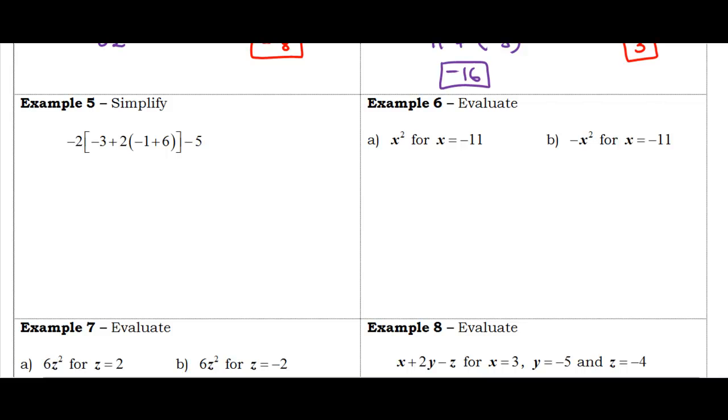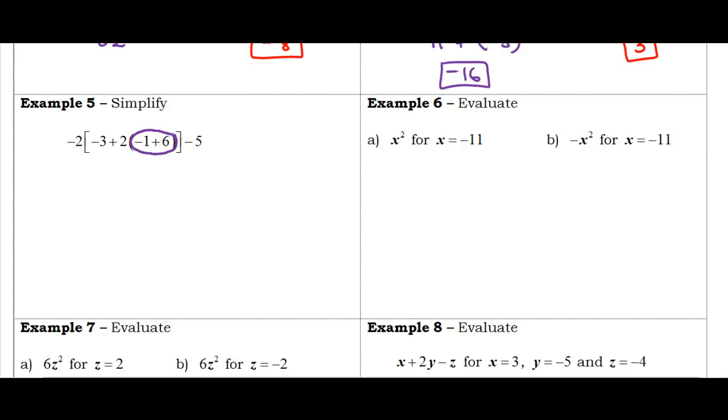In example 5 especially, what you see is what you'll do. What I suggest you do is this first. Because we have a bunch of parentheses and such, right? And we have to work from the inside out. Do you see that what I've circled is the innermost part of the problem?